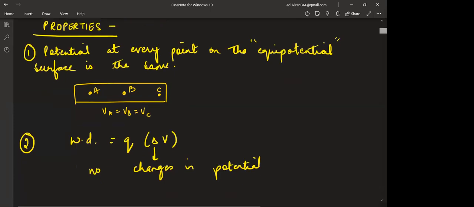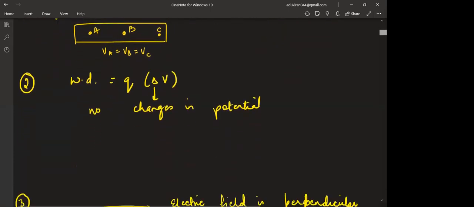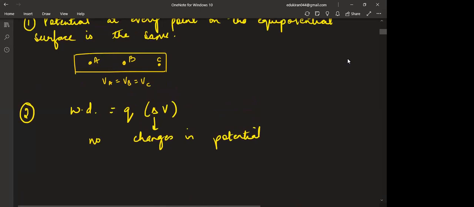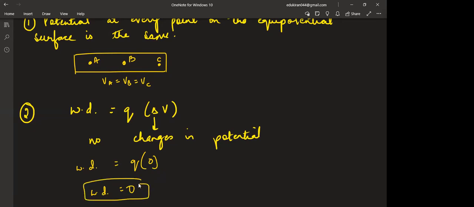The second point says that if potential is the same, it means potential is not changing. There isn't a change in the potential. So what will be final potential minus initial potential? 0, right? So work done will also be charge multiplied by 0, that is 0. This is a very important conclusion because most of your questions will mention an equipotential surface.